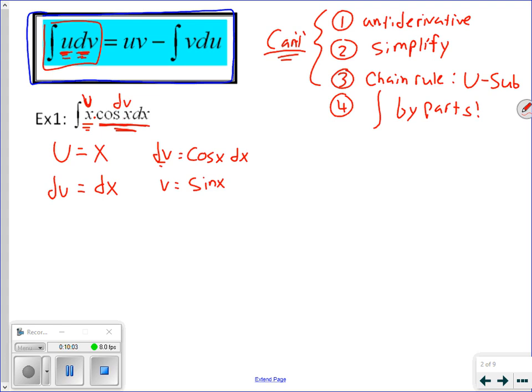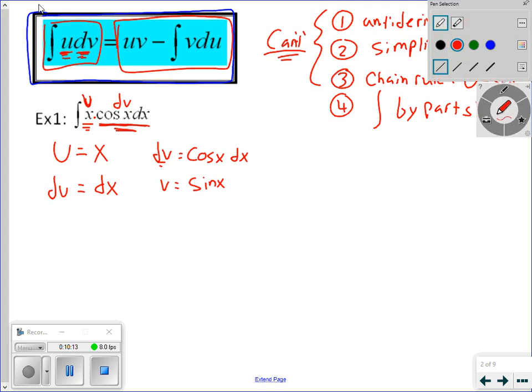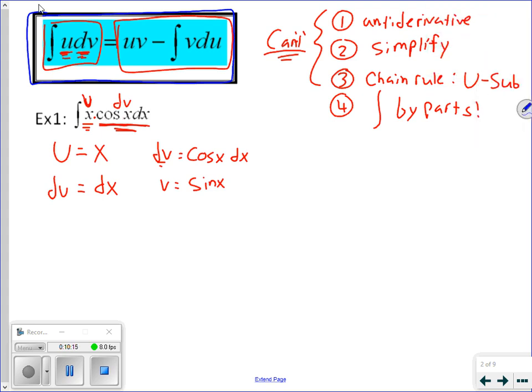Okay. So once we have our u, our dv, our du, and our v, all we have to do is set it up in this equation: uv minus the integration of v du. And if I set it up this way, I always tell students to do a little z thing, and that's the order we go in. u dv is equal to, and I say from u v minus the integration of v du. I just followed the line there.